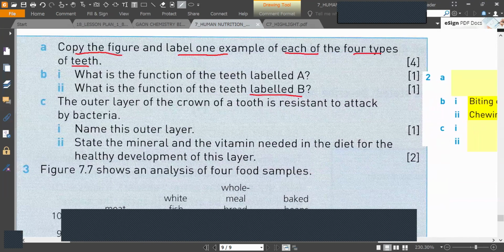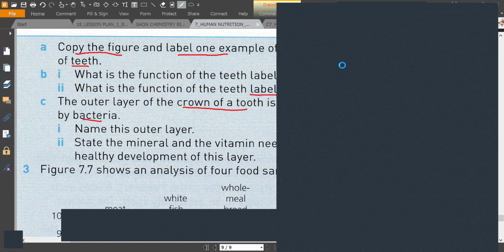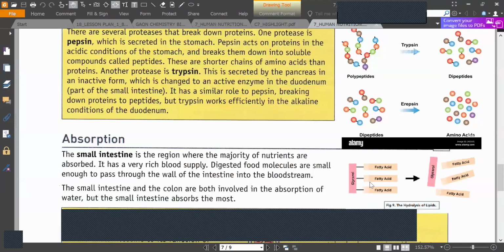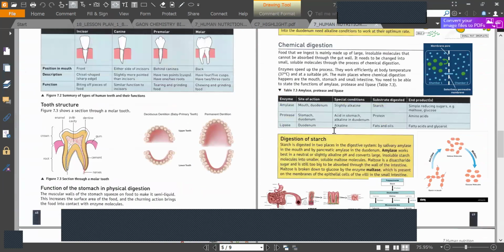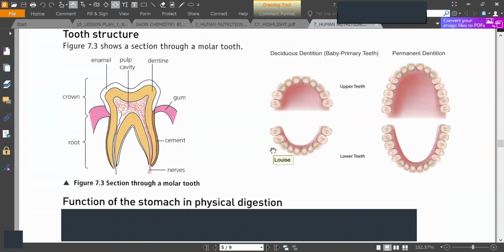Next. The outer layer of the crown of a tooth is resistant to attack by bacteria. Name this outer layer. We can refer to the notes quickly. The outer layer is the enamel.